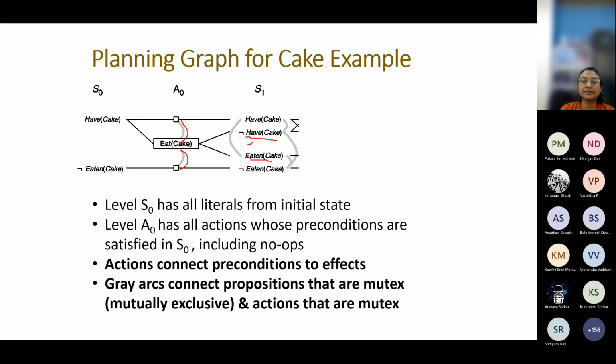So, given S0, we first find what actions are possible in A0, and we add all their add lists and delete lists to S1. Then we identify all the mutex. There are 5 types of mutex. Corresponding to that, we check for them, and those links are added.